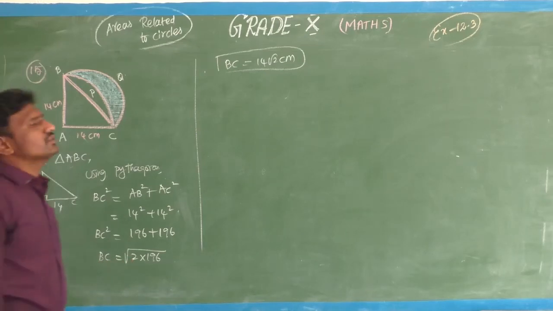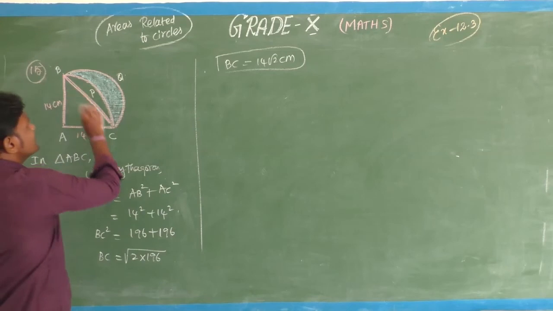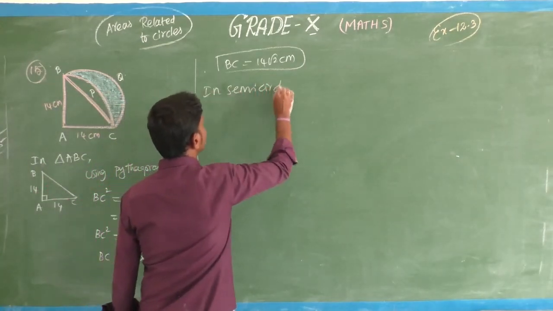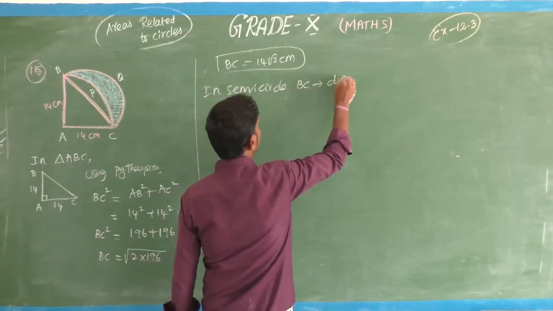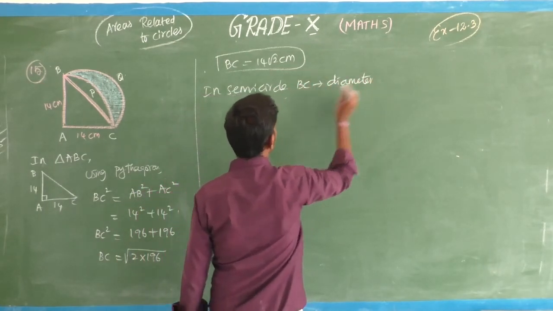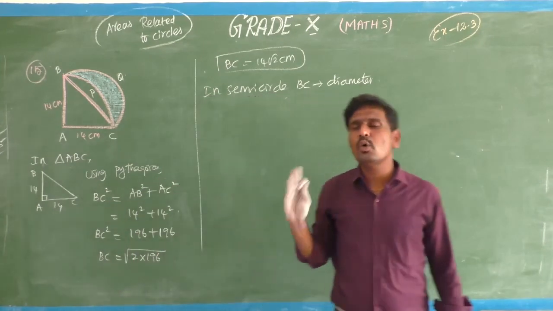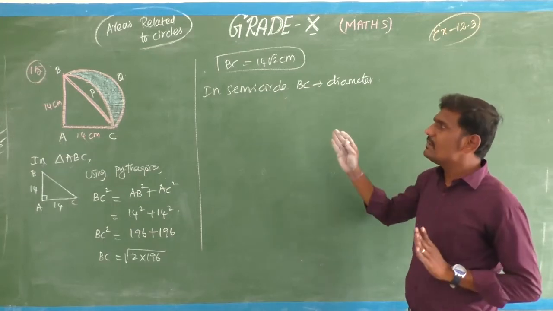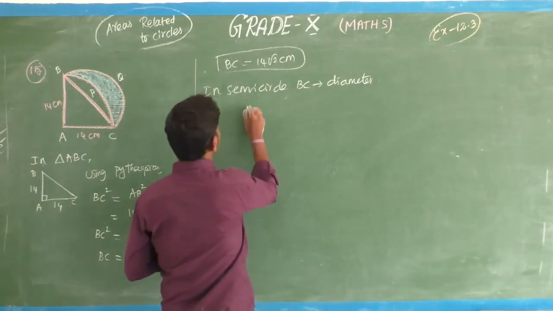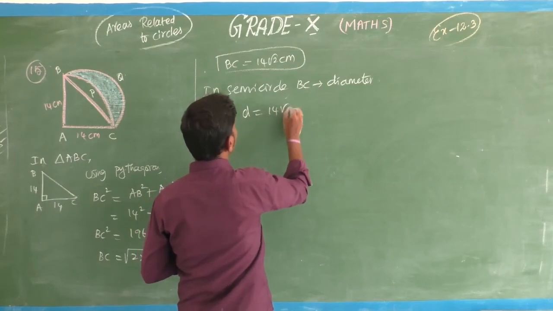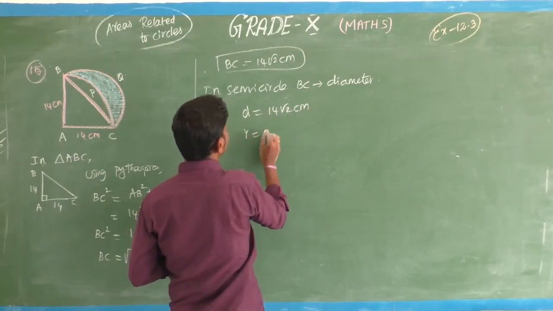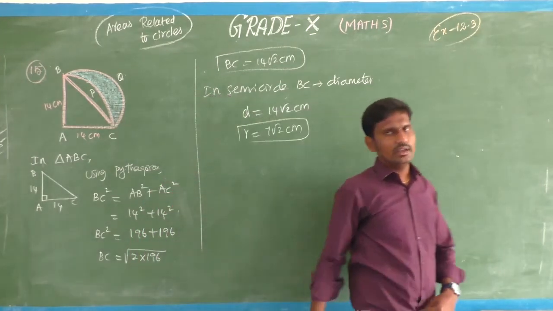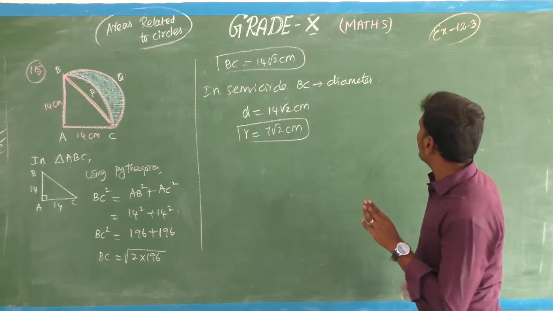Here BC is the diameter of the semicircle. In the quadrant you have a radius equal to 14 centimeter, but in the semicircle you have a diameter equal to 14 √2 centimeter and radius equal to 7 √2 centimeter.